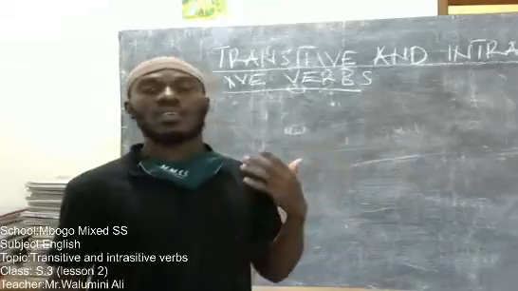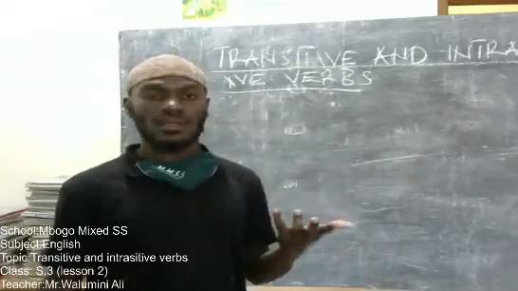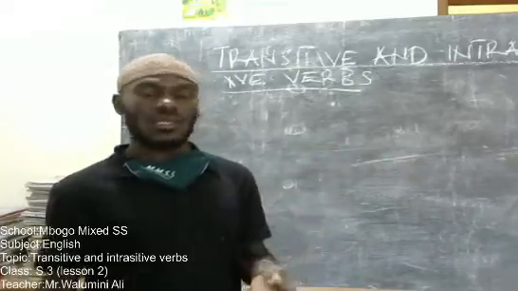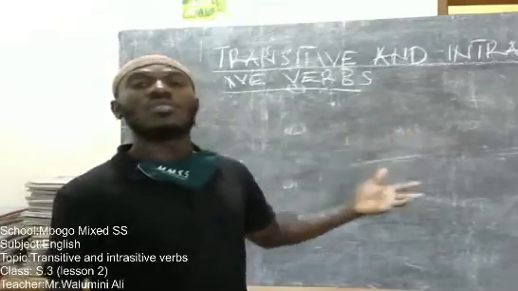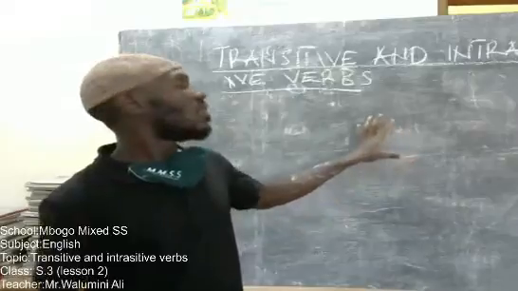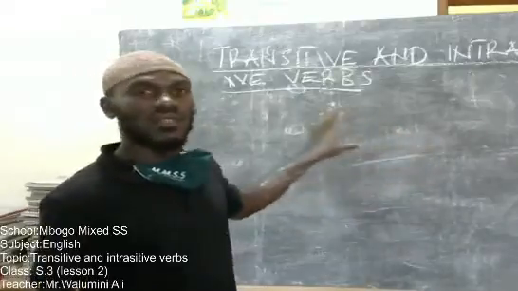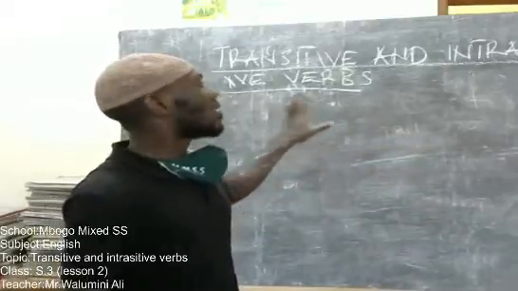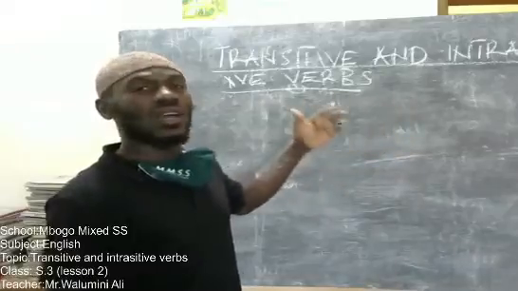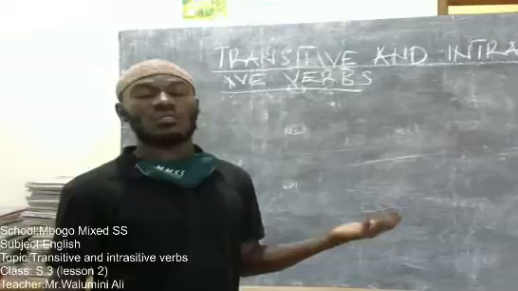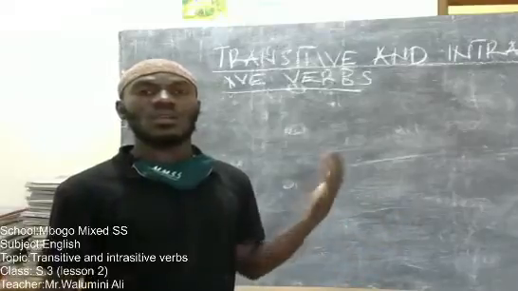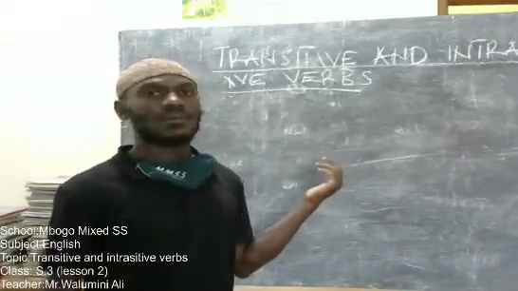Transitive verbs require a direct object for the verb, and the intransitive verbs don't actually require a direct object to make full or complete meaning of the sentence.